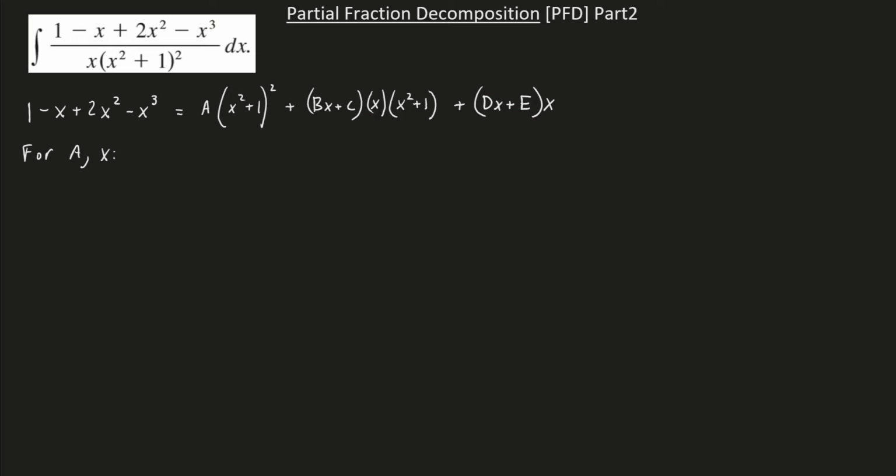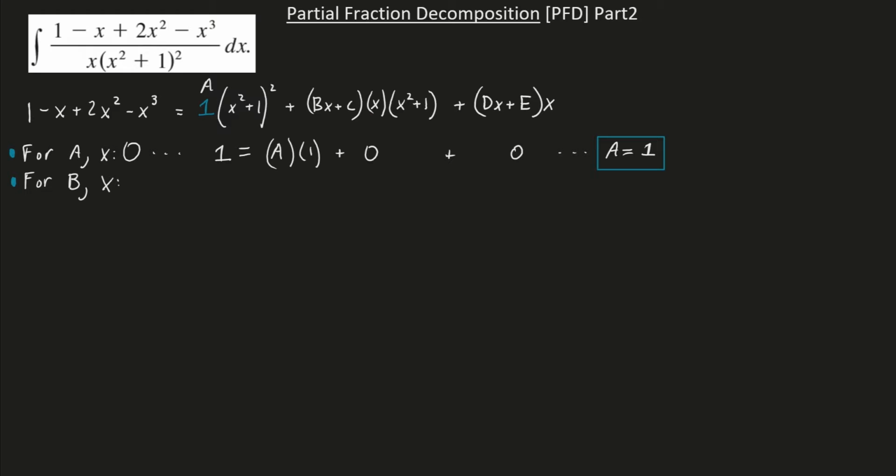If I want to solve for A, I can just plug in 0 for my x's. And if I do that, I will be left with this following expression. And we can see that A will equal 1, no problem. So at this point, I'm going to put a 1 in for that A. A is not an unknown anymore. I'm just going to put 1 because we know what that A is.